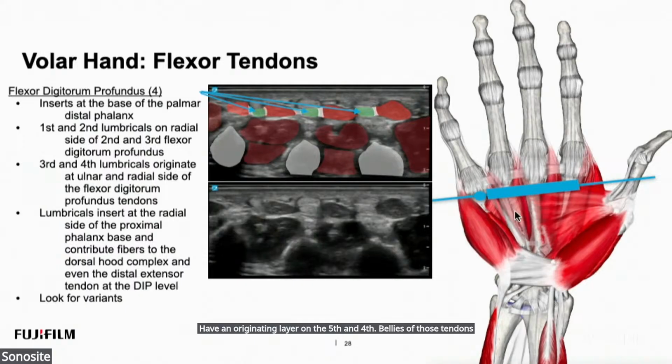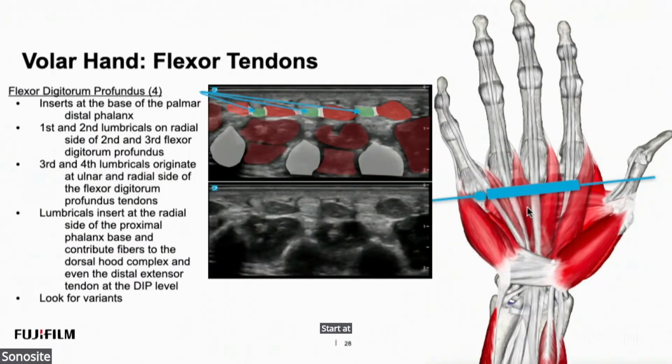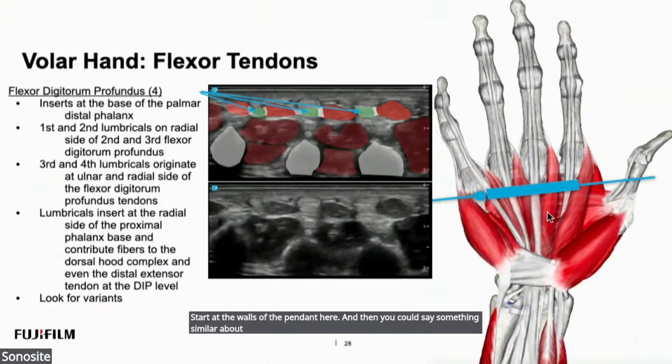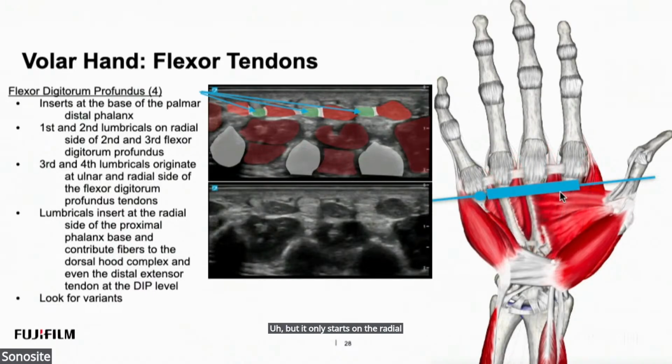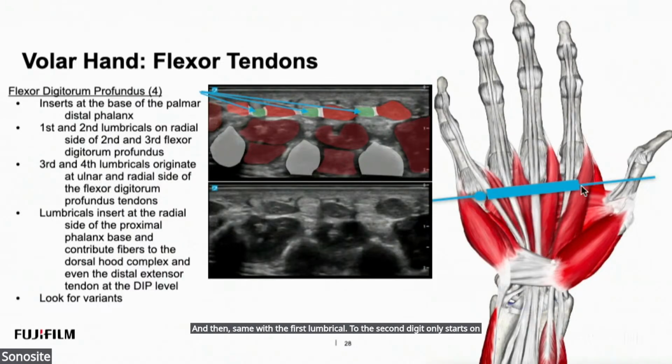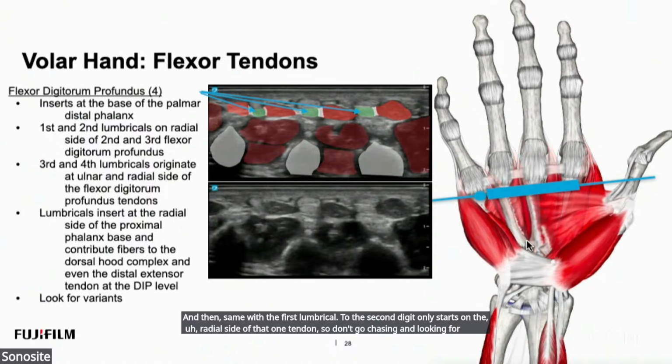The third has an originating start at the walls of the tendon here. And then you could say something similar about the second lumbrical here, but it only starts on the radial side of the third. And the first lumbrical to the second digit only starts on the radial side of that one tendon. So don't go looking for the origins to all be the same. They're similar, but not the same.